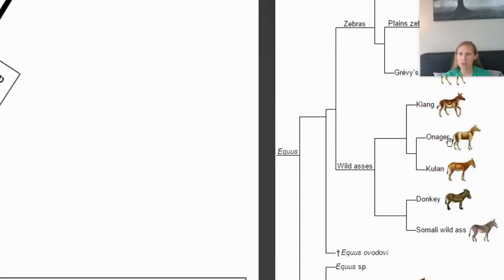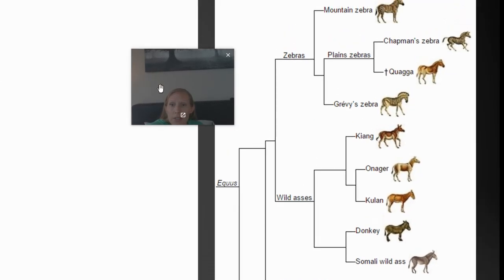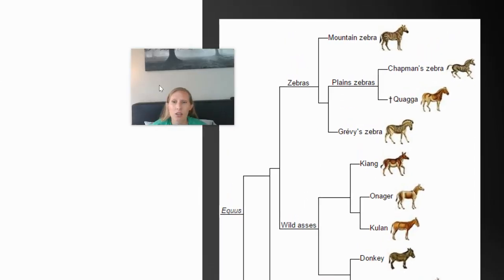And that's why, when you first have a species that splits, they're not very different. Let me zoom in here. When you look at the mountain zebra, Chapman zebra, a quagga, Grevy zebra, their little branch is not that big, so they're pretty similar to each other, the zebras.